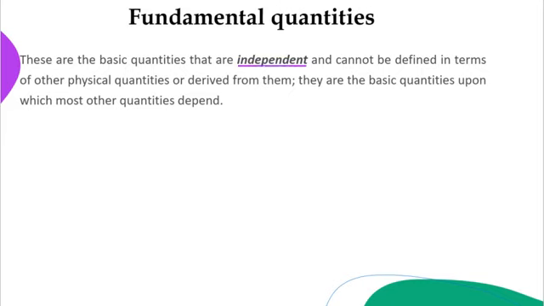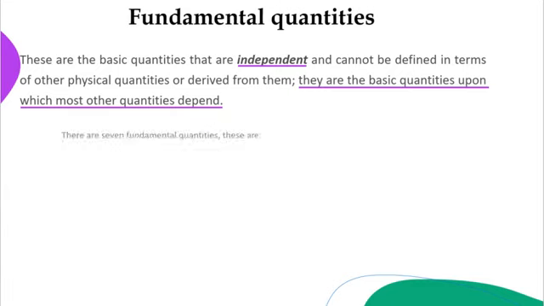This means that they exist on their own. They are not gotten from any other quantity. And secondly, they are the basic quantities upon which most other quantities depend. This implies that they are the building blocks for several other quantities that we have, which are now referred to as derived quantities.